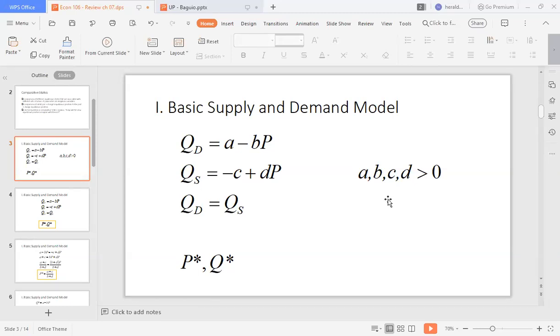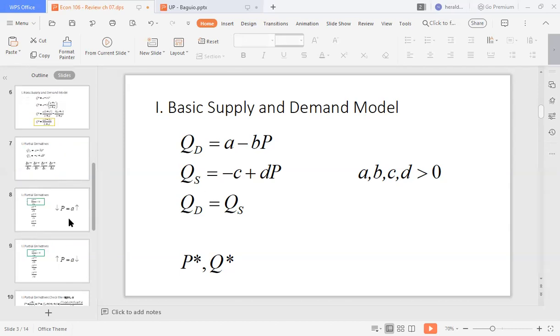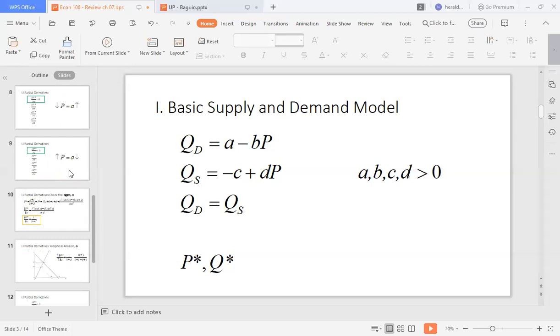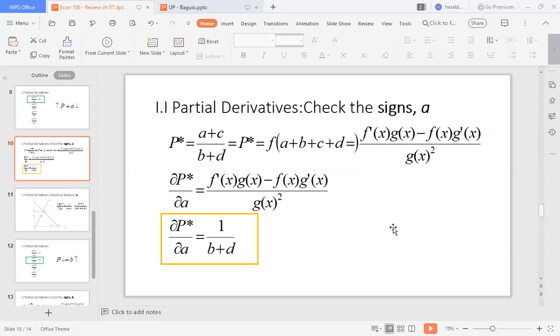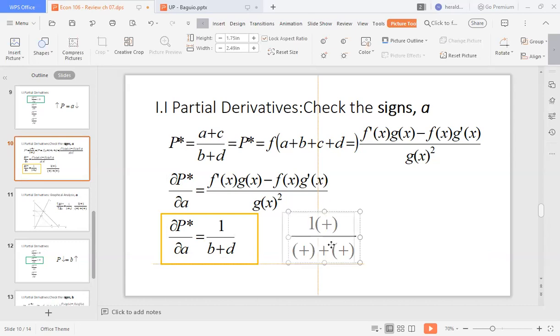Now, assumptions are always critical, especially in economic analysis, because that is again how you would determine the signs in the partial derivative. So when you go back to that one, which one is that? Here. So you know that B is positive, D is positive, again, given by the assumption that we made earlier. So you can just write it this way.